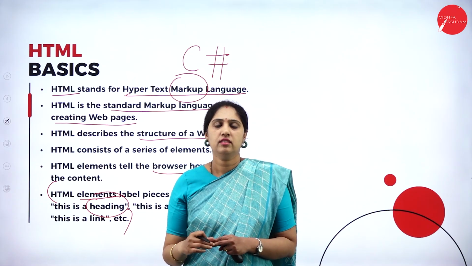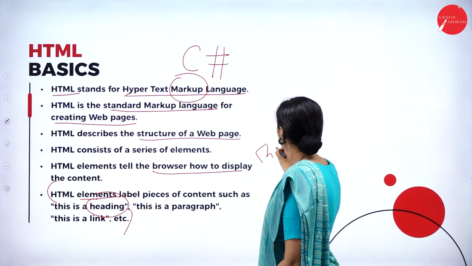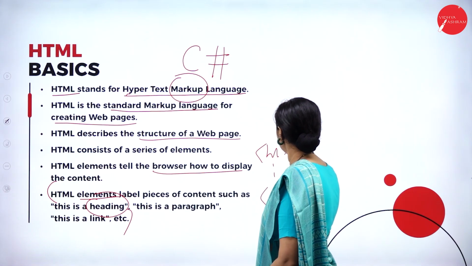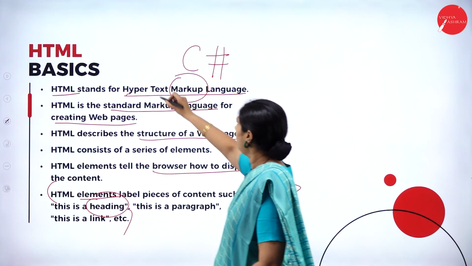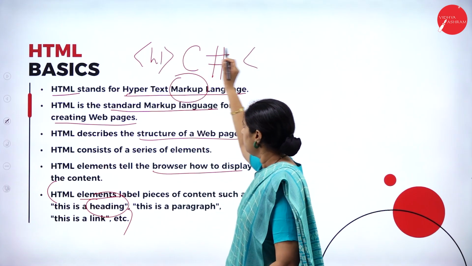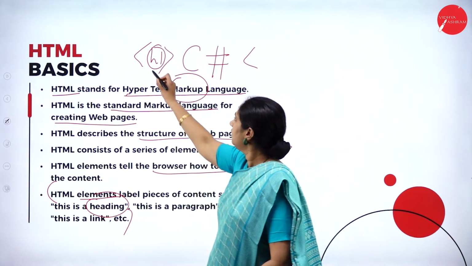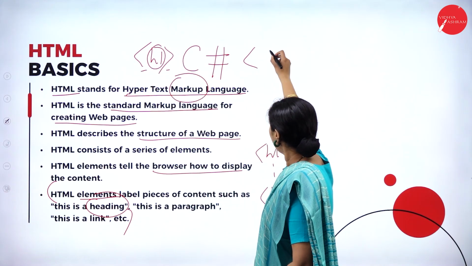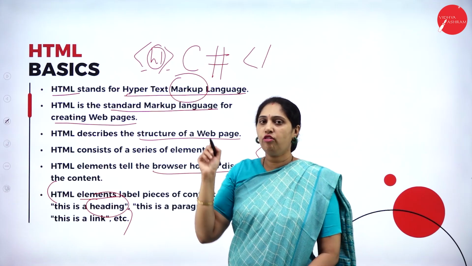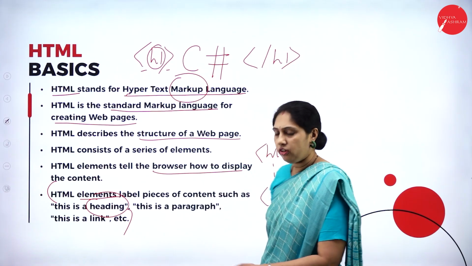You know, for headings there are 6 tags, H1 till H6. So this C sharp can be written inside a heading tag called H1. Whatever we write is enclosed within angle brackets, and we have to close it using a forward slash followed by the tag.